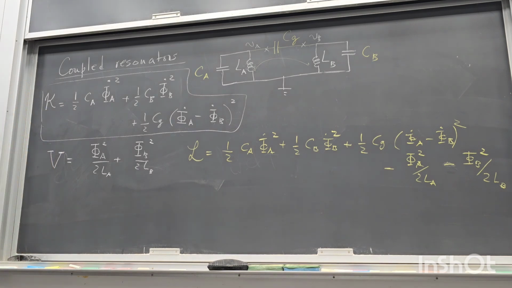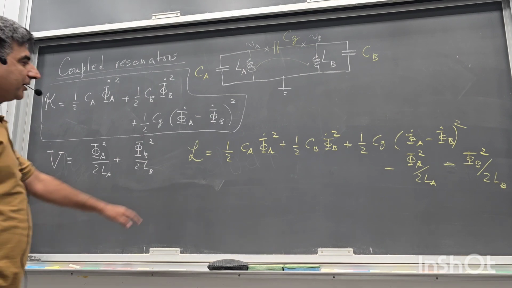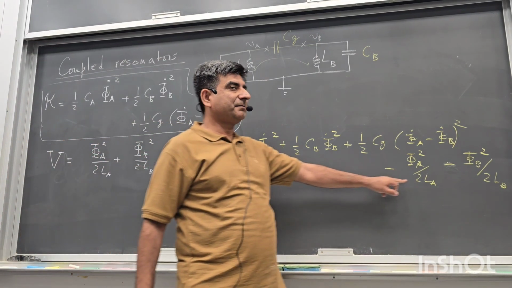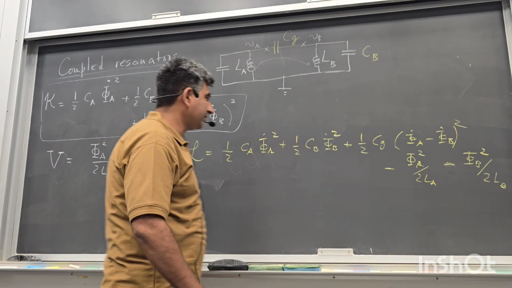Now the next thing I would like to do is express this Lagrangian in terms of the Hamiltonian, which will simply be the sum.